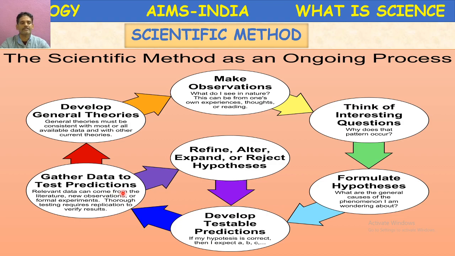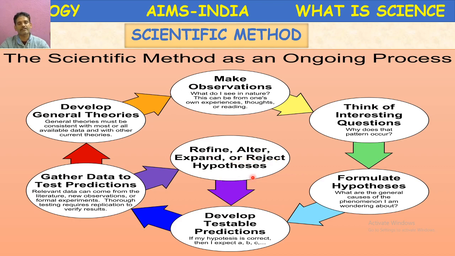So, in order to do that, what do you have to do? You have to refine, alter, or expand, or if that is not possible, you must be ready to reject the hypothesis if it is not accurate.